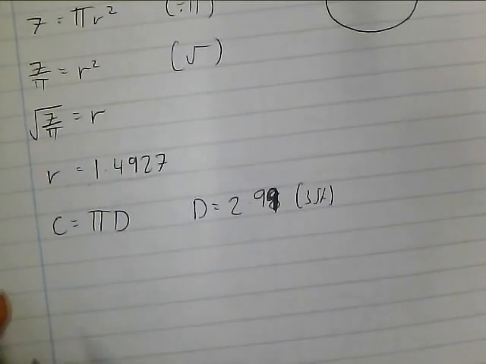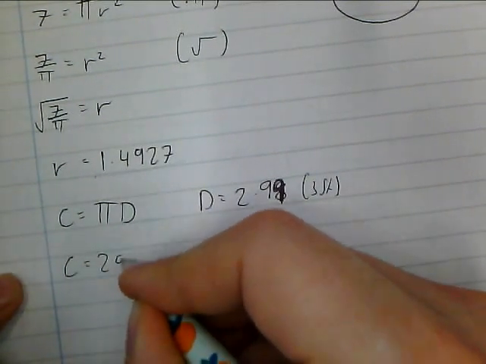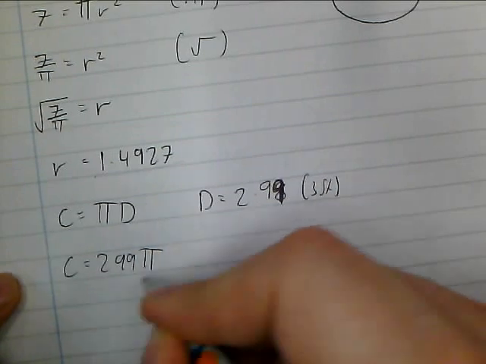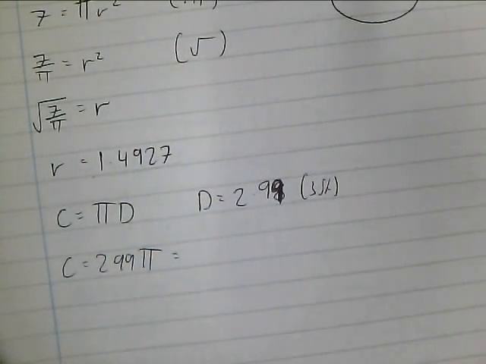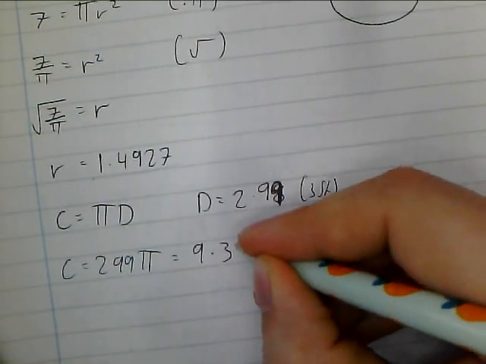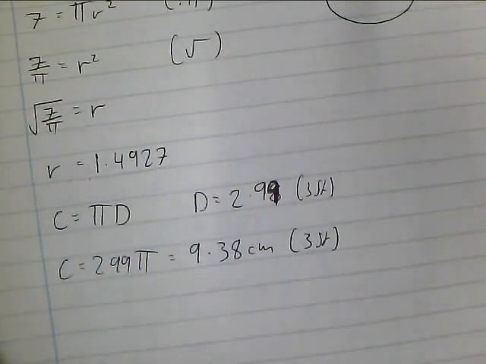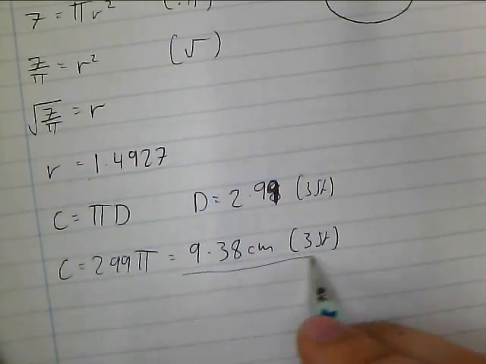Okay, so using this, c equals 2.99 times pi, and this is 9.38 centimetres to 3 significant figures.